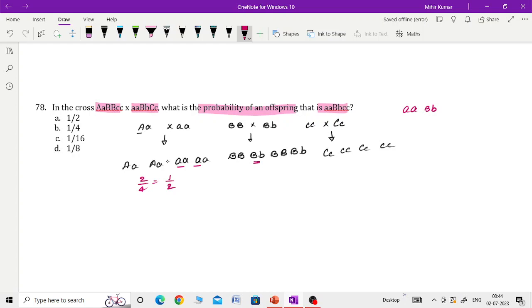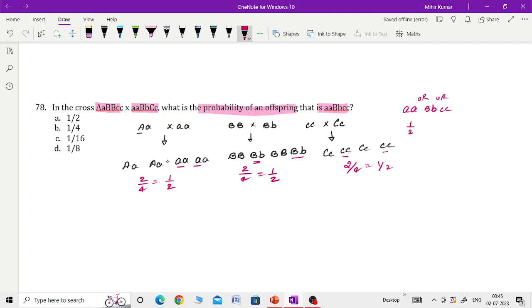Capital B small b is also 2/4, meaning 1/2. And small c small c is also 2/4, meaning 1/2.